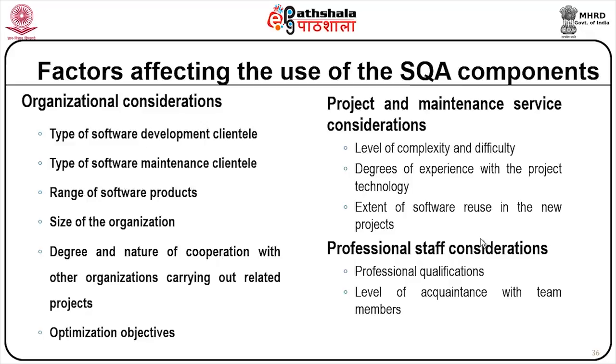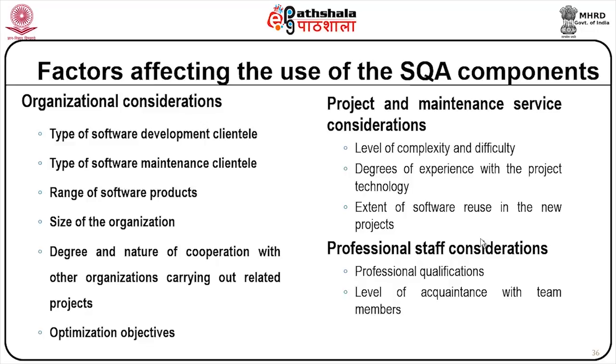Factors affecting the use of software quality assurance components. Organizational considerations: types of software development client, types of software maintenance client, range of software products, size of organization, degree and nature of cooperation with the organizations carrying out related projects, optimization objectives.